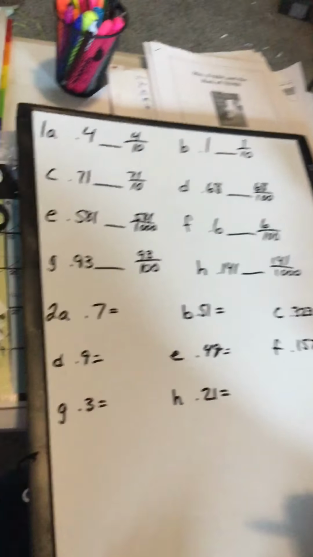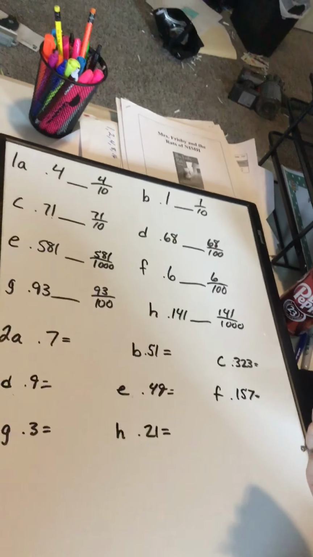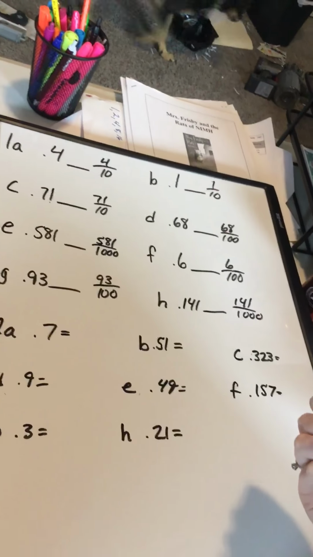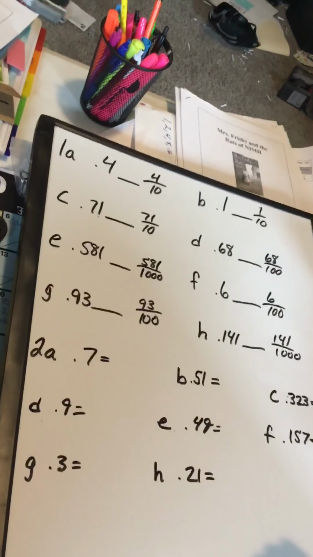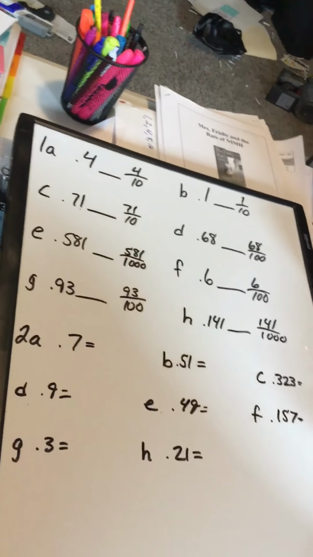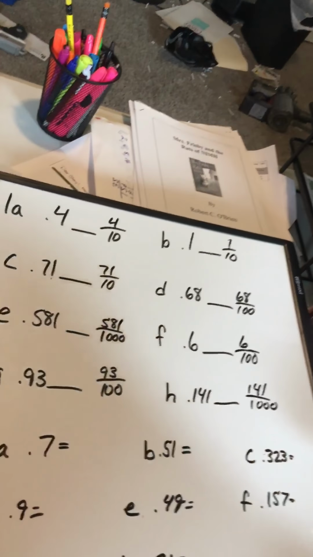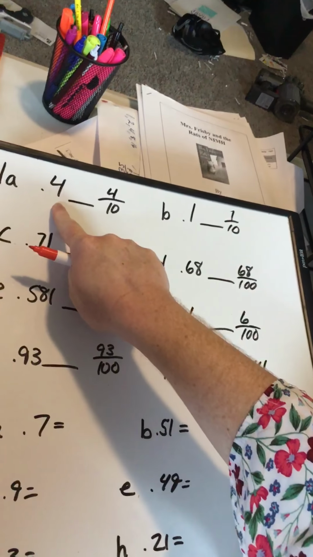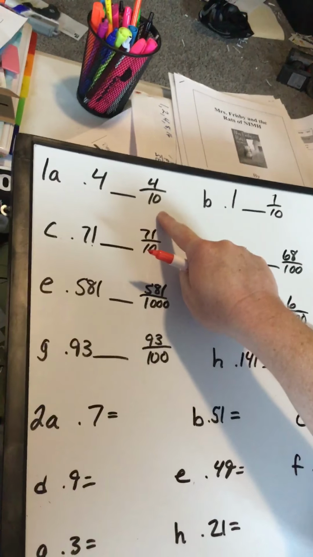Okay, so let's look at 1A. You have to write equals in the blank if the fraction and decimal are equal. Write not equals if they are not equal. So, the fastest way to do it is if you have one number here, you need to add a 0 on the bottom.